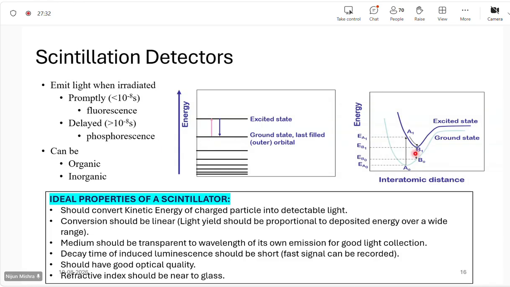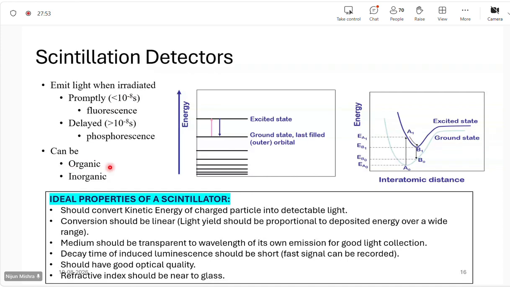See, in this case, A0 to A1 is the energy state. When it moves to this and this, it will take time. So this can be delayed fluorescence or phosphorescence. But if it quickly emits the light, then we call it fluorescence.